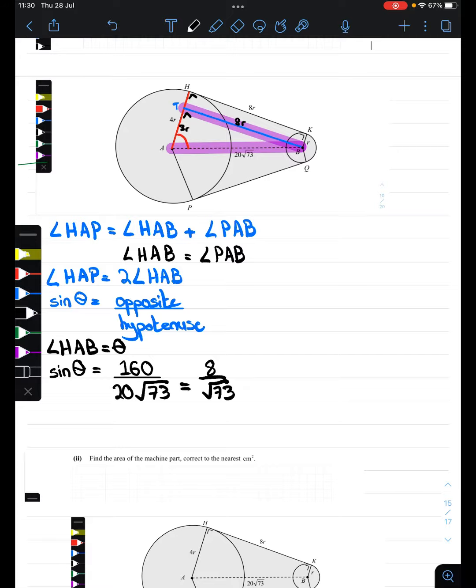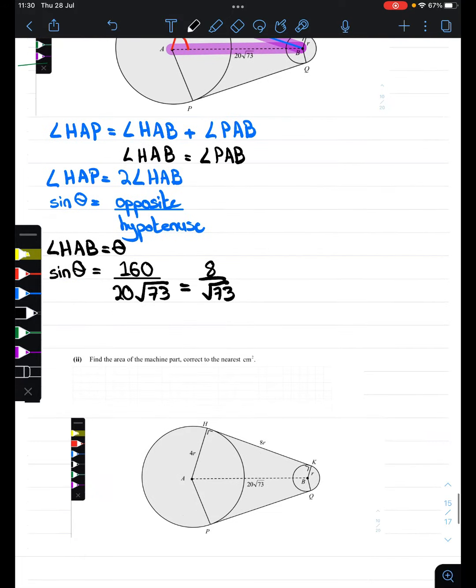Okay, so that's what sine of theta is. Well, this will allow us to get theta. So we just go sine inverse of both sides. So sine inverse of 8 over square root 73 equals theta, which equals 69.44 degrees.